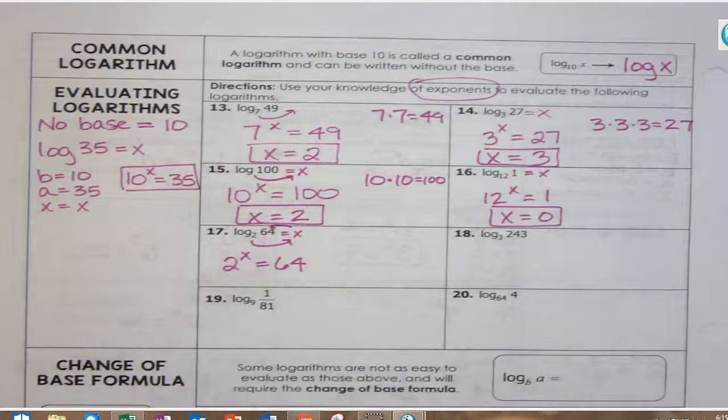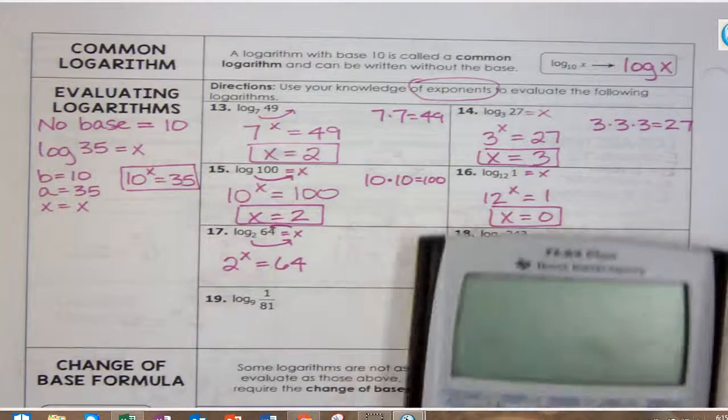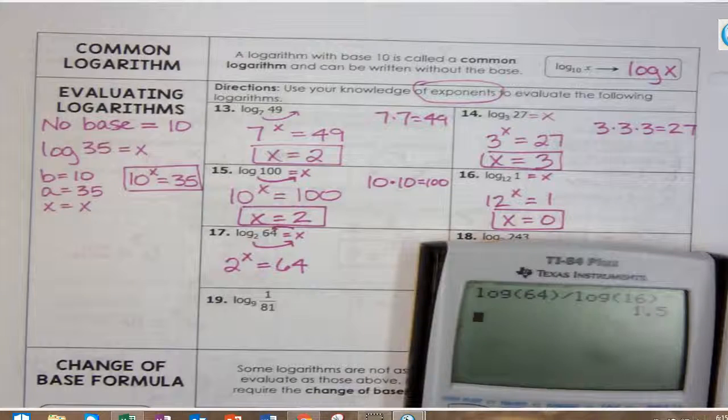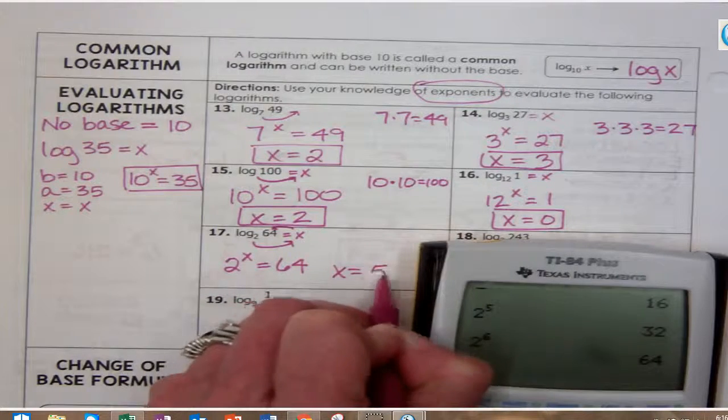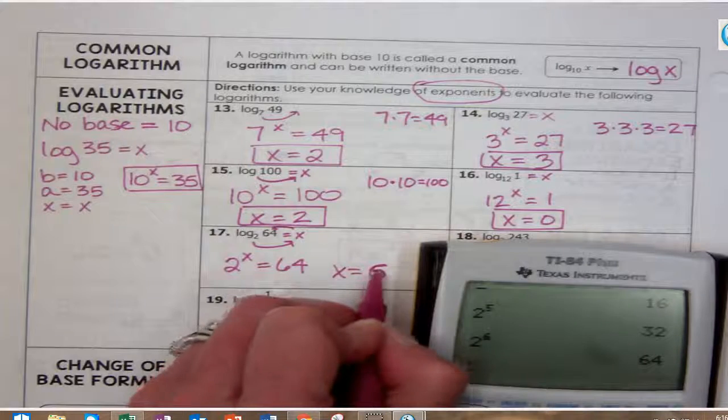Well, I can't really remember that off the top of my head, so I may go to my calculator and say, all right, 2 to the 4th power. Nope. 2 to the 5th power. Nope. 2 to the 6th power. There we go. So then x equals 6.